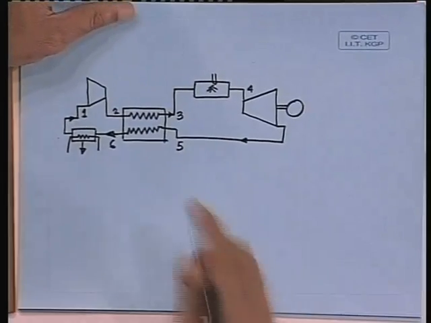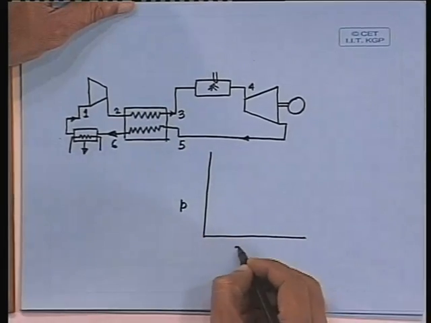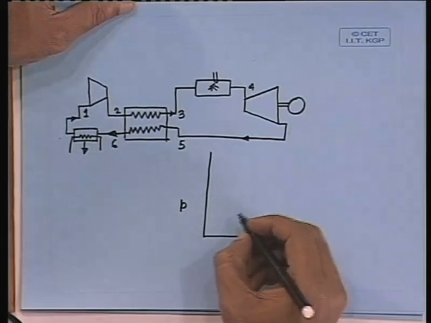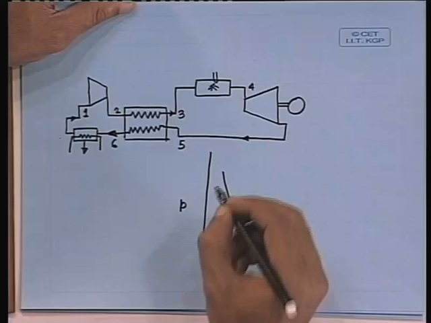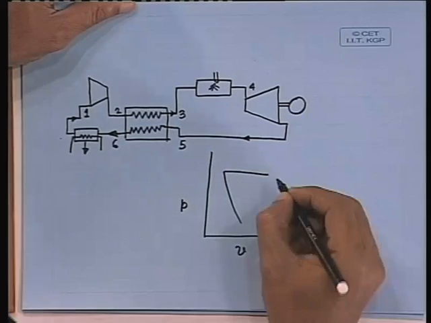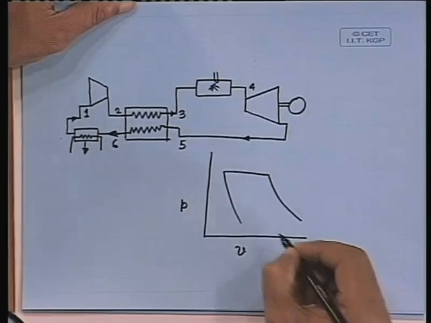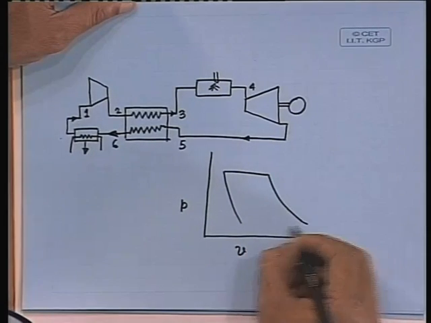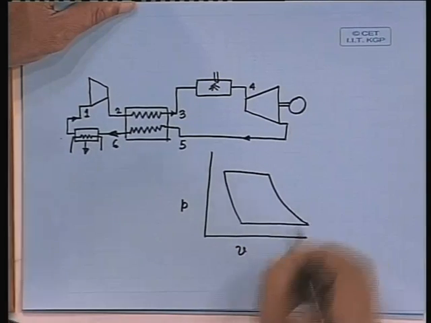So, the PV diagram will be 1 to 2 compression, then 2 to 3 or 2 to 4 heat addition at constant pressure, then 4 to 5 expansion, and 5 to 1 heat rejection at constant pressure.